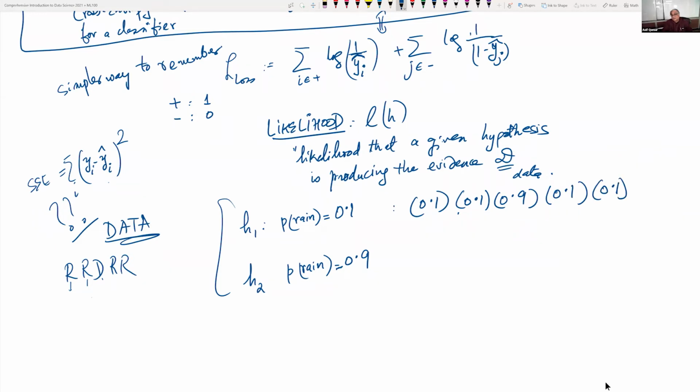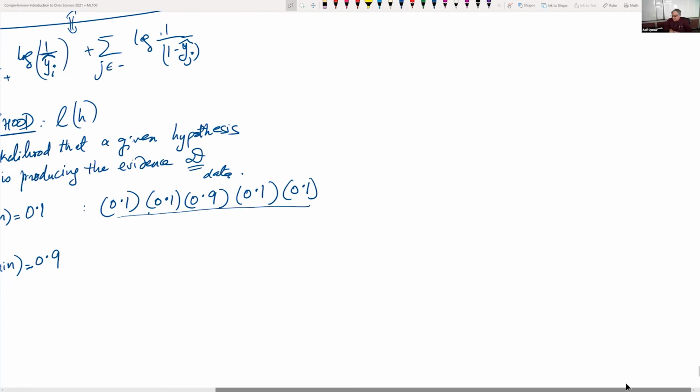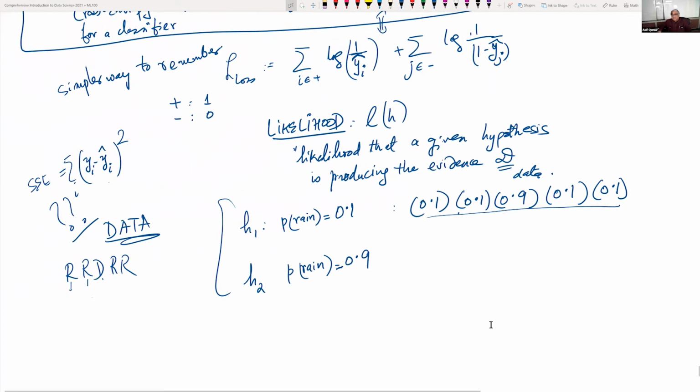So according to H1, the joint probability of seeing this evidence, what actually happened, is pretty low relatively, compared to this situation. Here, the joint probability that it actually rained was 0.9 times 0.9 times 0.1, this being the dry day, times 0.9 times 0.9.